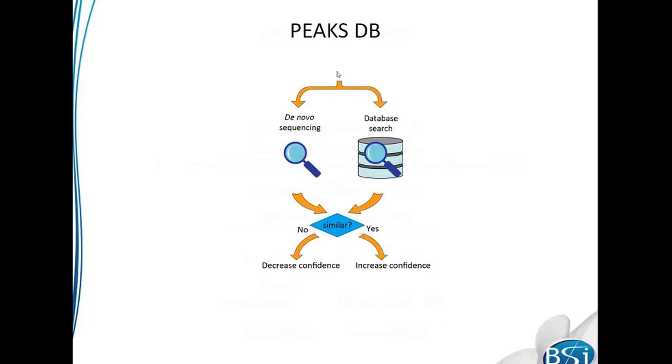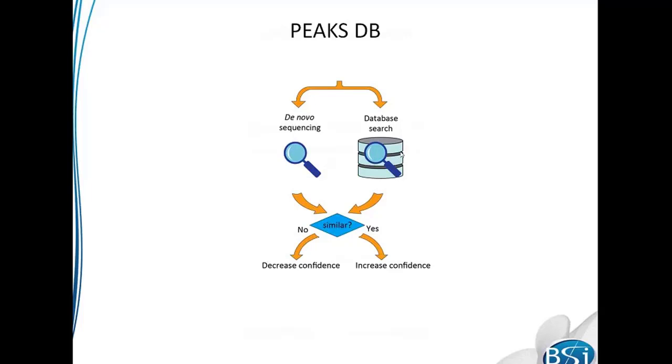So for every spectrum that's fed into PEAKS-DB, we include the de novo sequencing result as well as a traditional database search result. In both cases, both de novo sequencing and database search, the concept is we're trying to find the most likely peptide match to a spectrum.